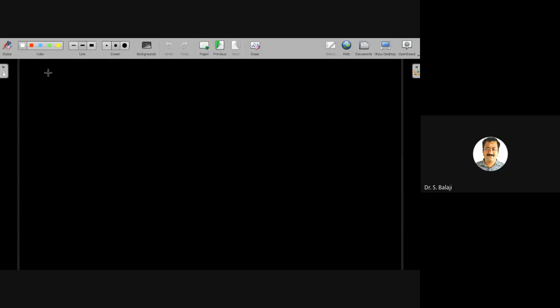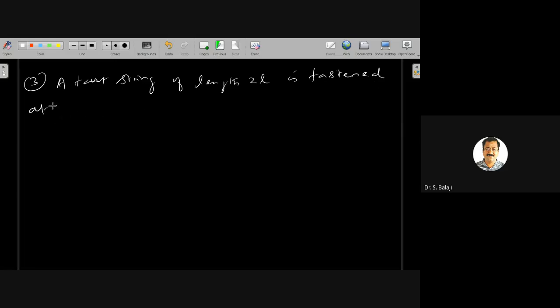I will give one more problem for your exercise. A taut string of length 2L is fastened at both the ends.